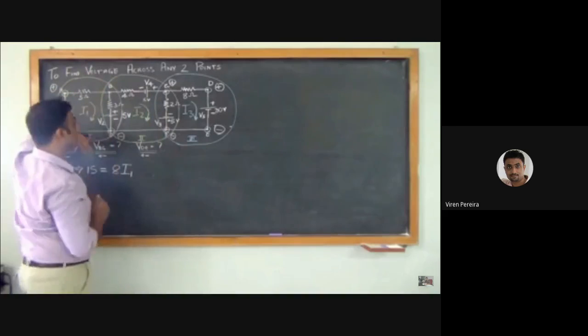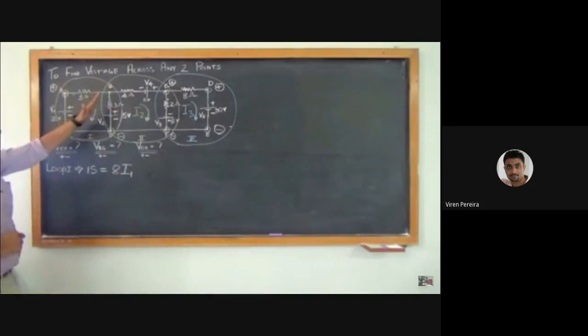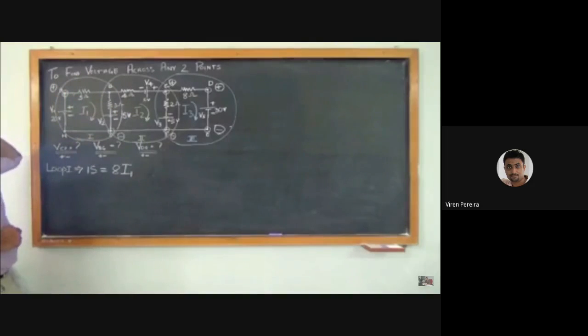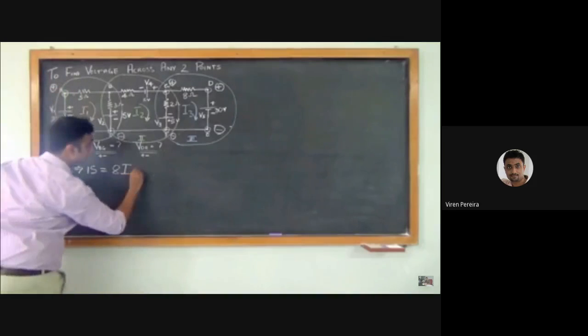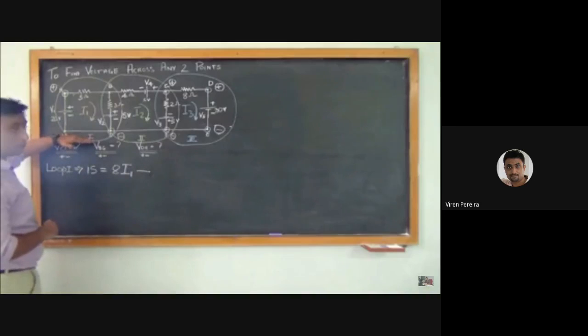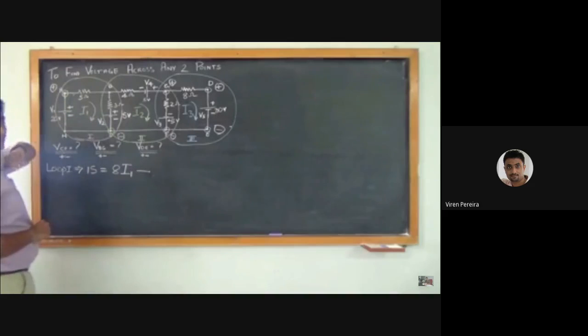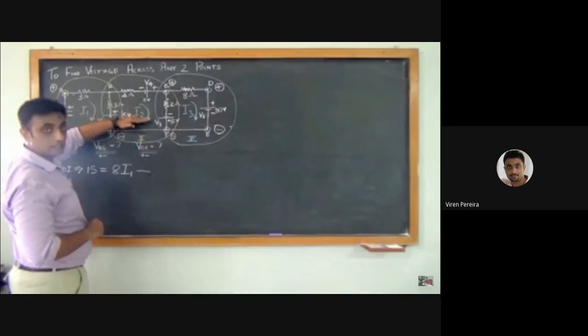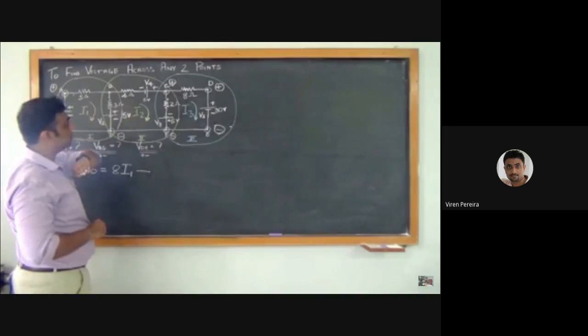Now in the shortcut method, any current not pertaining to that loop should be taken in a negative sign. If I'm talking about loop 1, my I1 will always be positive. With regard to loop 2, my I2 will always be positive.